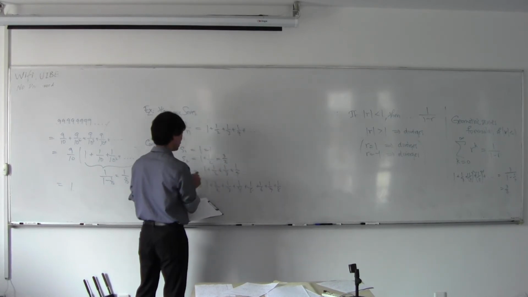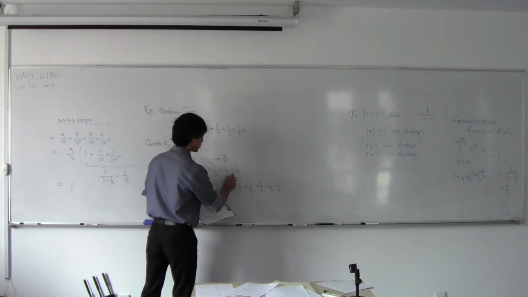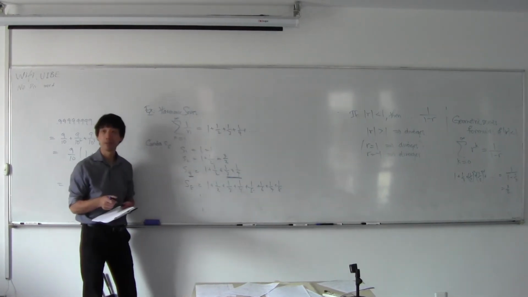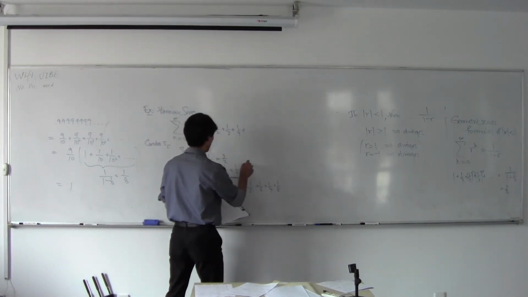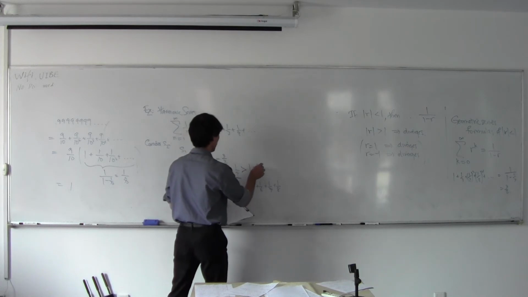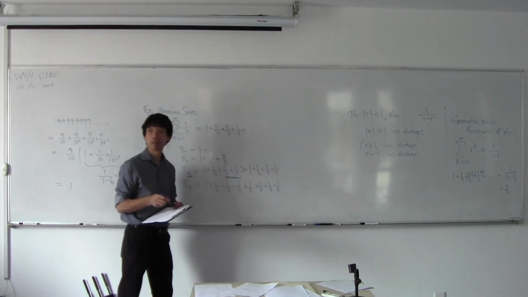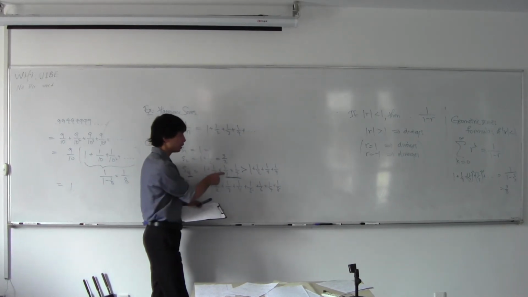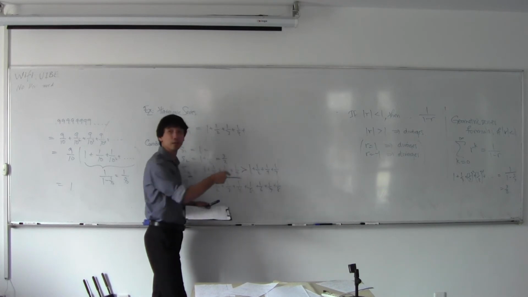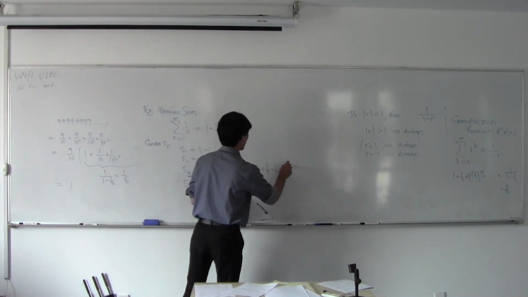If we look at the fourth term, we have this 3 halves plus these 2 guys, right? But these 2 guys, this is bigger than 1 plus a half plus a fourth plus a fourth, right? If I switch this third for a fourth, it gets smaller, right? So this is 4 halves.